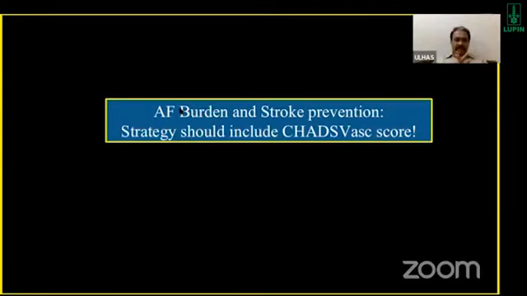The more the burden, even if the CHA2DS2-VASc score is lower, should we consider anticoagulation in a person who has never had a stroke before? That becomes a major question.